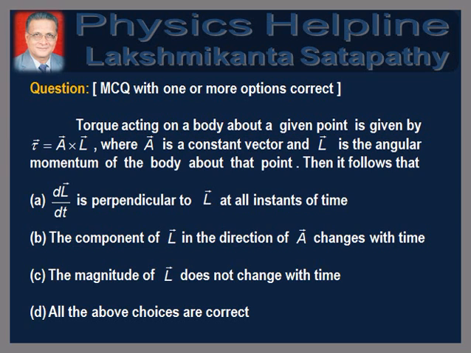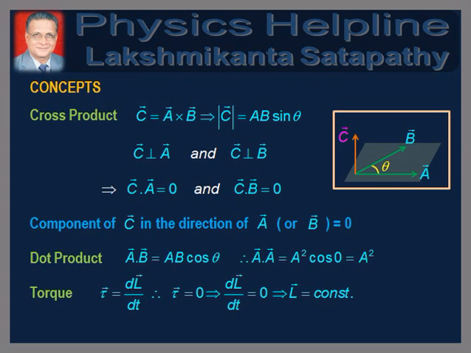Before proceeding to solve the problem, let us recall the related concepts. Cross product of two vectors. Consider two vectors A and B acting at a point making angle theta with each other.